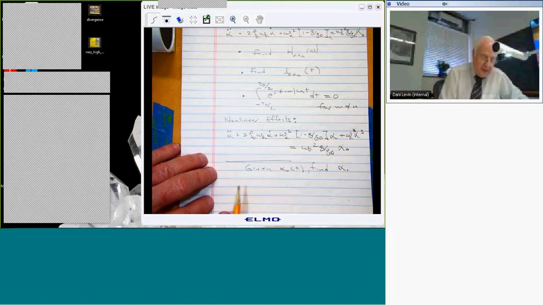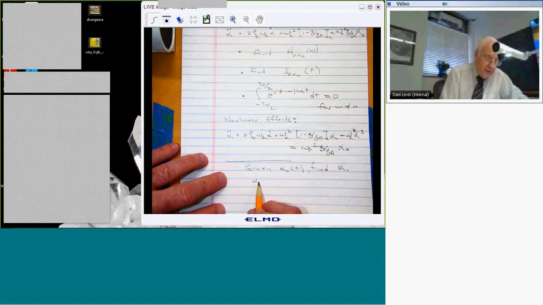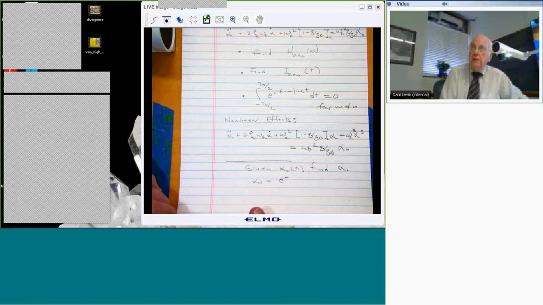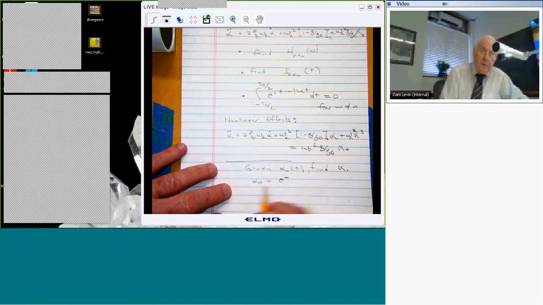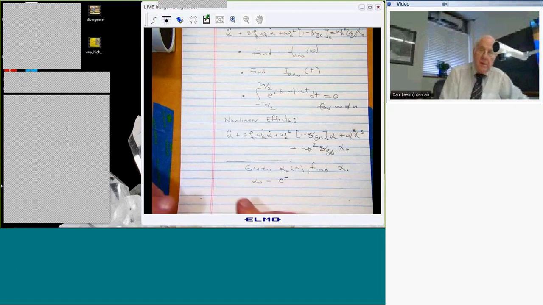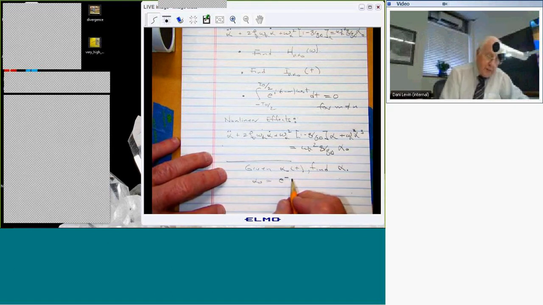Alpha naught is e to the minus what? Minus, we don't want to make it too, well, yeah. Minus omega alpha t cosine, no, we won't do that.